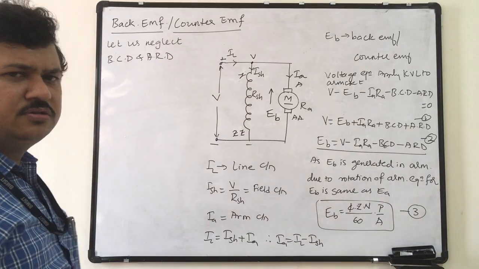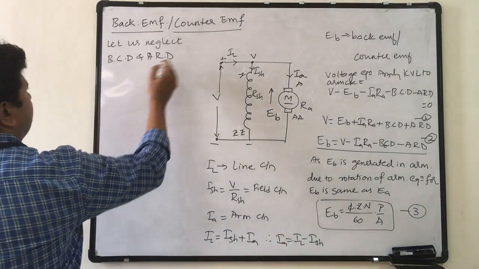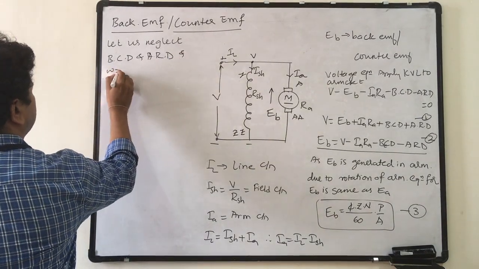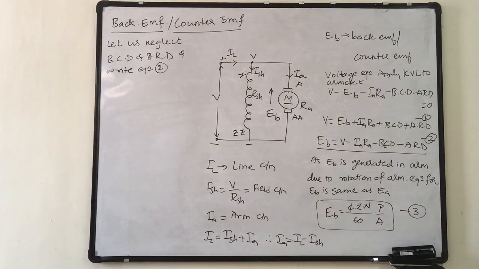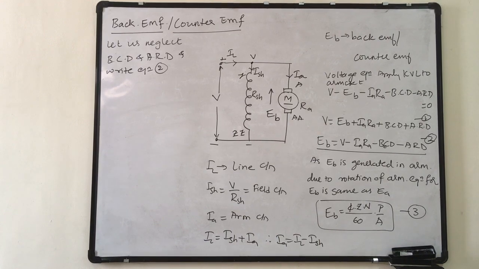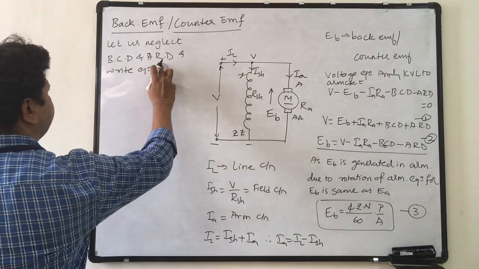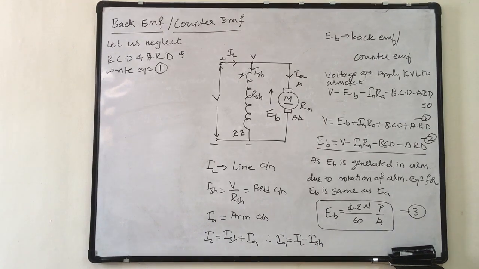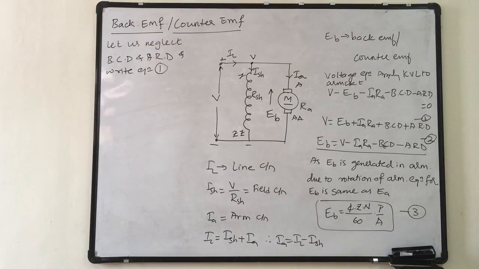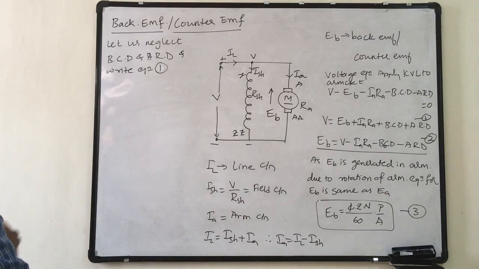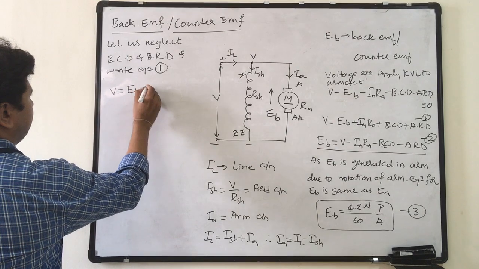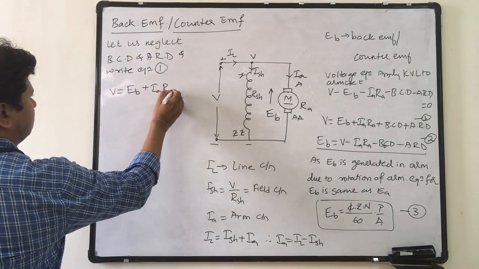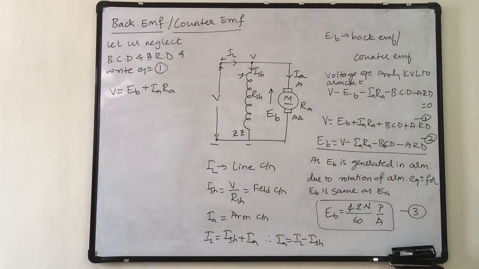Those are very small, so let us neglect them and write equation 1. That is V is equal to EB plus IRA.